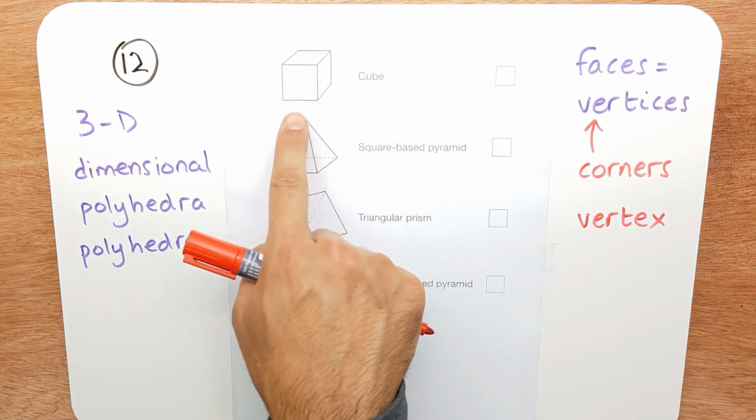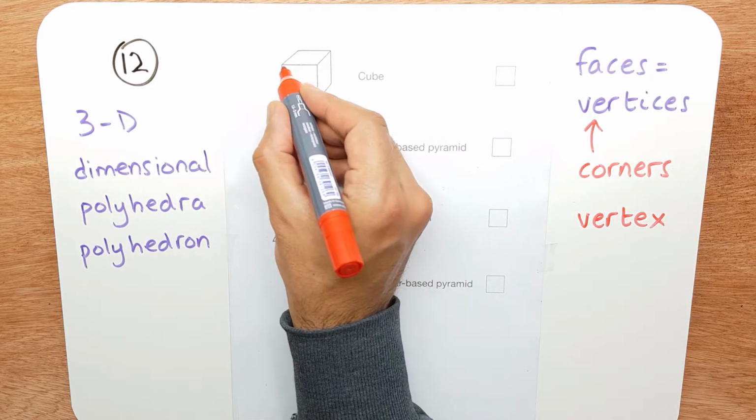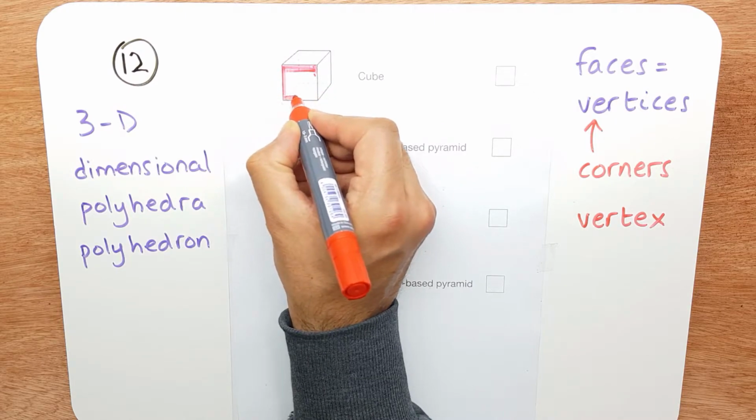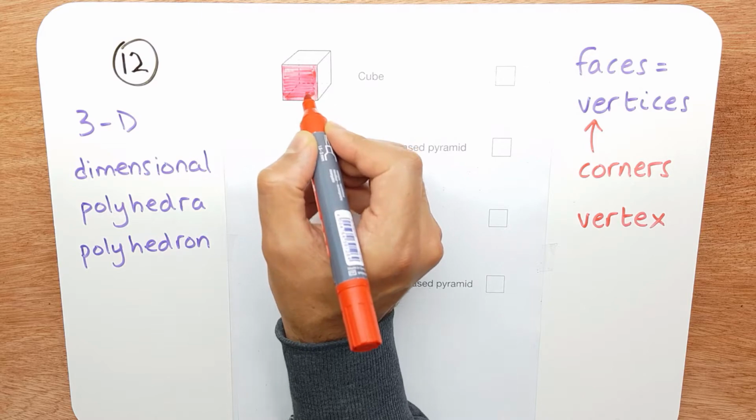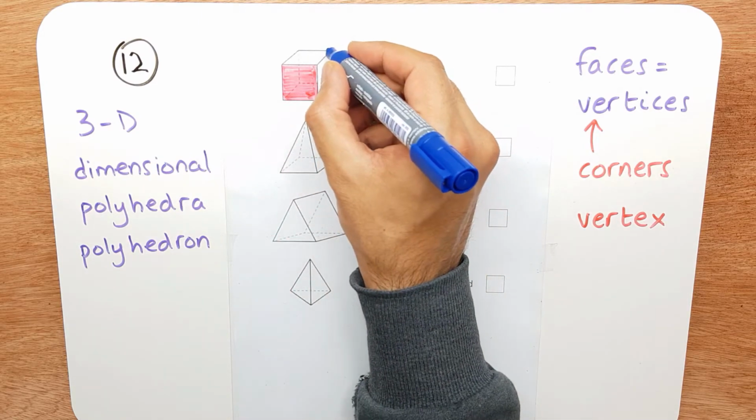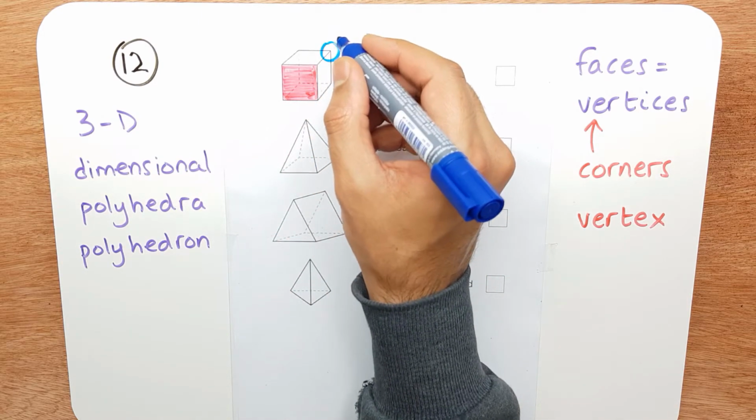Now for this cube, let me just colour in a face here for you. And also let me circle a vertex, a corner.